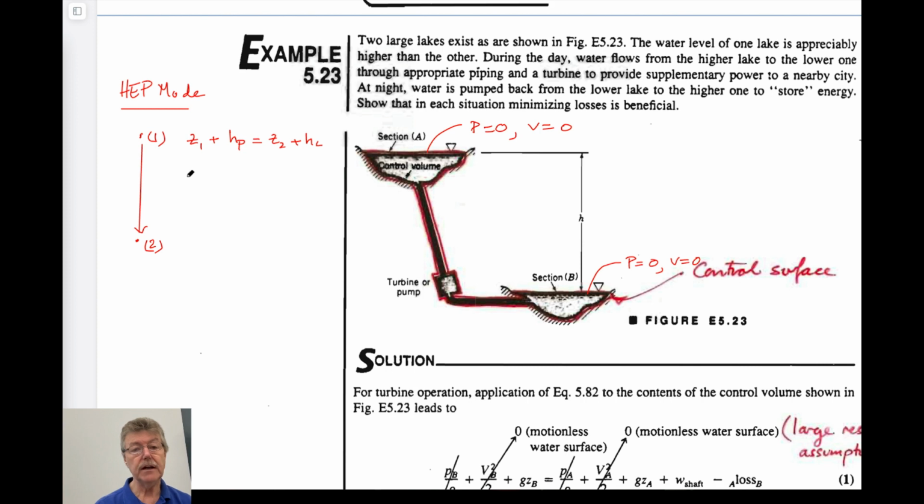And so we can calculate the power that comes out of that from the turbine is just going to be equal to Z2 minus Z1 plus head loss. With our sign convention, Z2 is 0 and Z1 is a number bigger than 0, so this would be negative. So this is a pump. Sorry, this is a turbine.